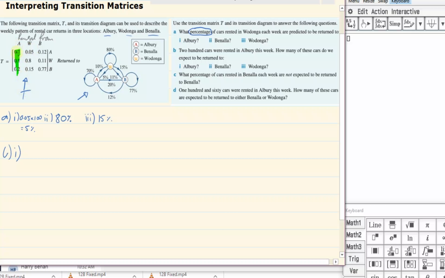Part 1 is Albury to Albury, so 70%, 0.7 as the decimal. So we've got 200 times 0.7, and 70% of that I know is 140.